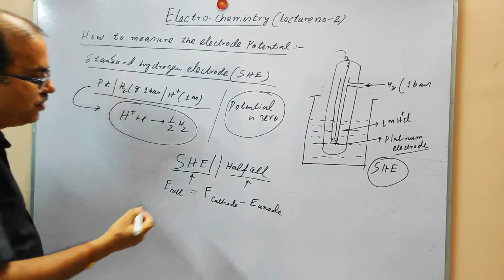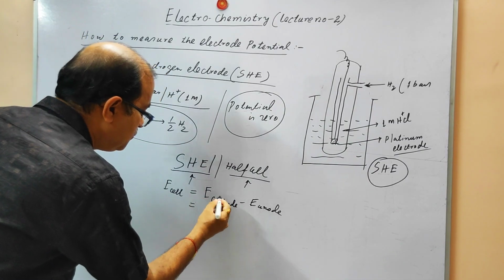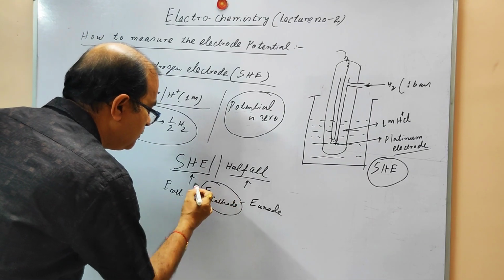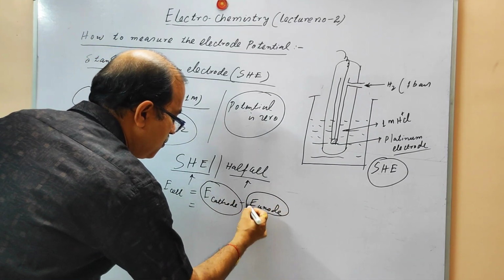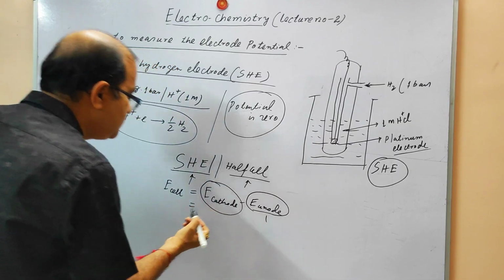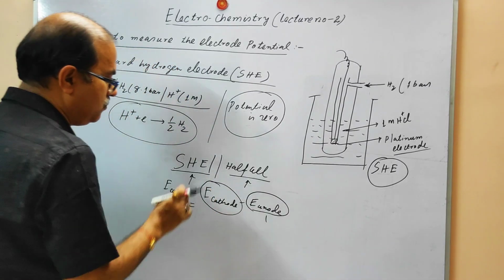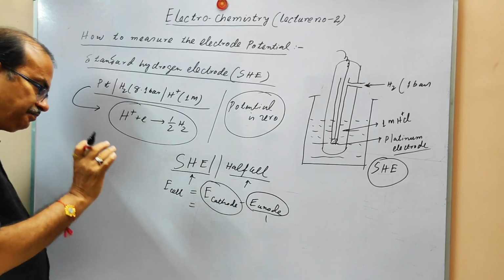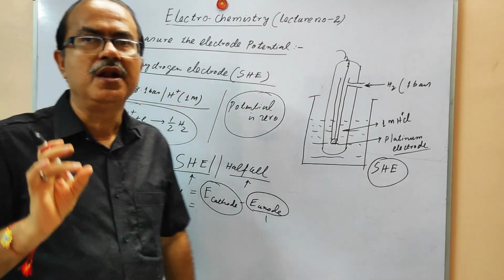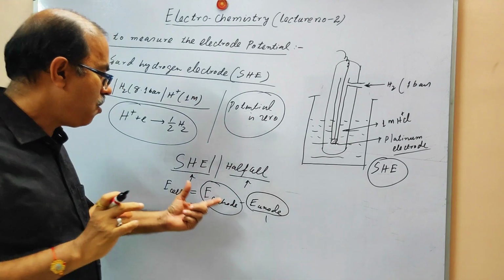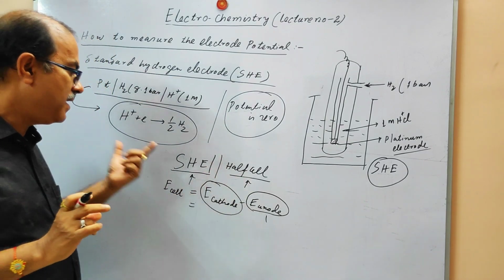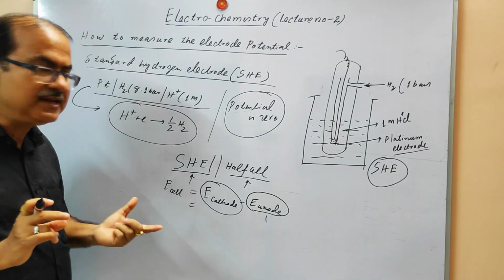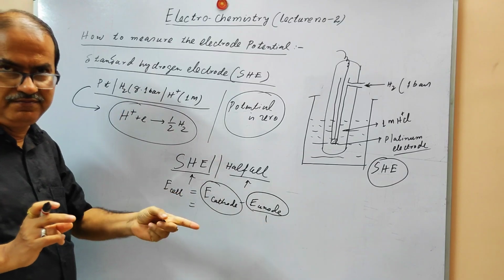E anode we know already, that is 0. So E cell is equal to E cathode, and that way we can calculate the electrode potential of this half cell by knowing the E cell of the total cell.